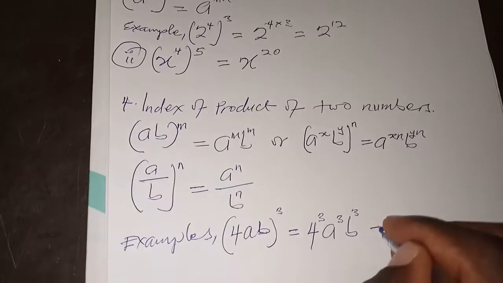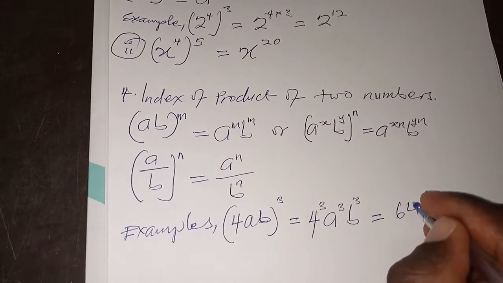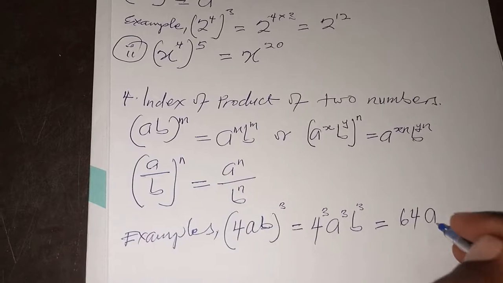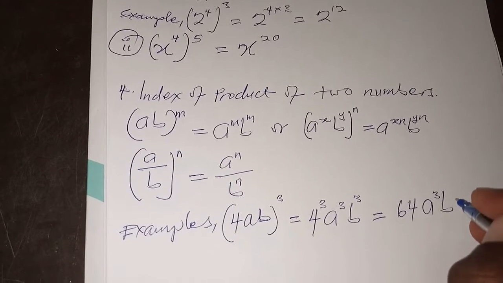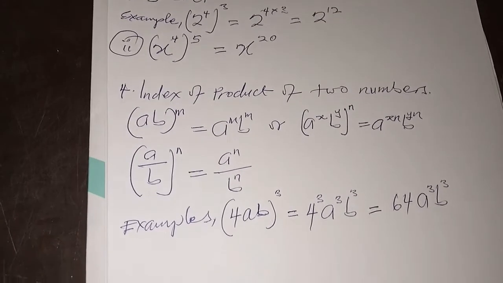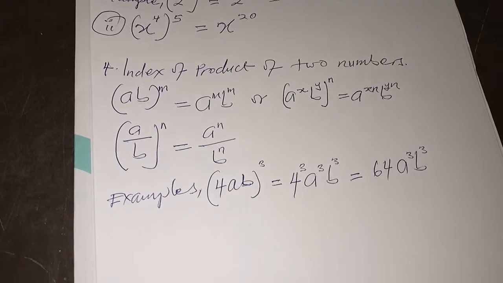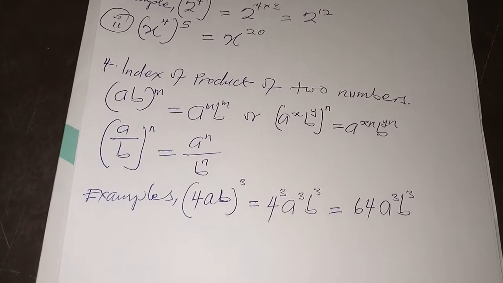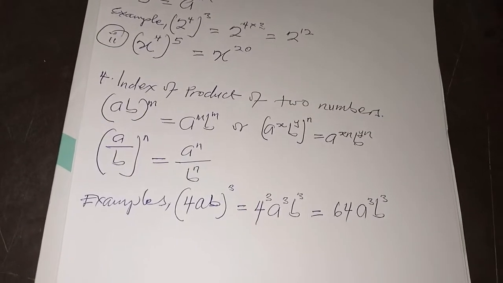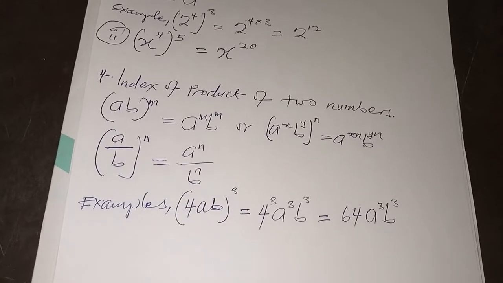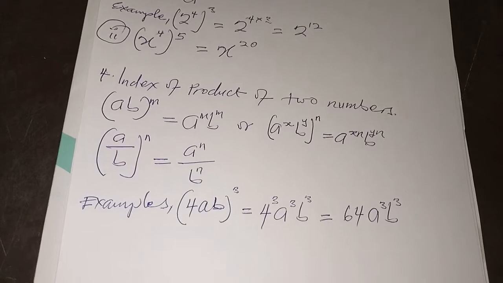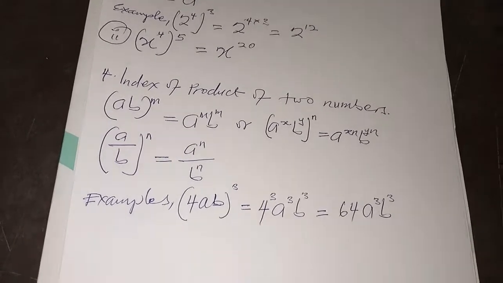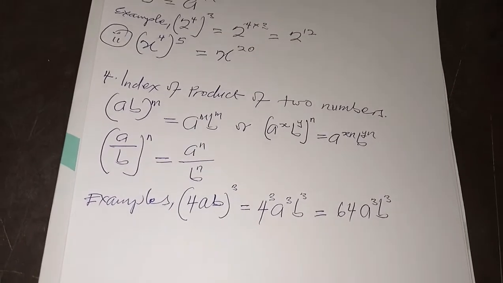And this is going to give us 64 a cubed b cubed. So each of them has taken the cube. All these laws you are learning, you are not just learning them for the sake of it, but you are going to apply them to solve other questions involving indices. So we have to pay particular attention to these things.